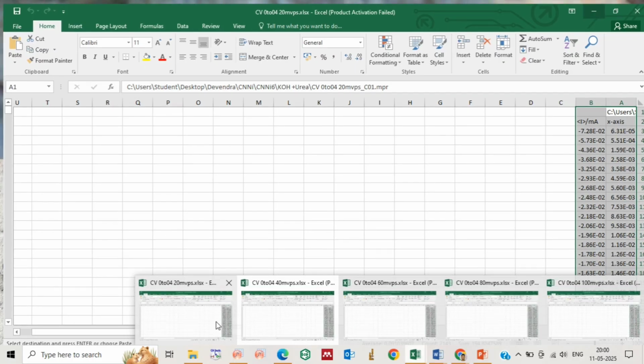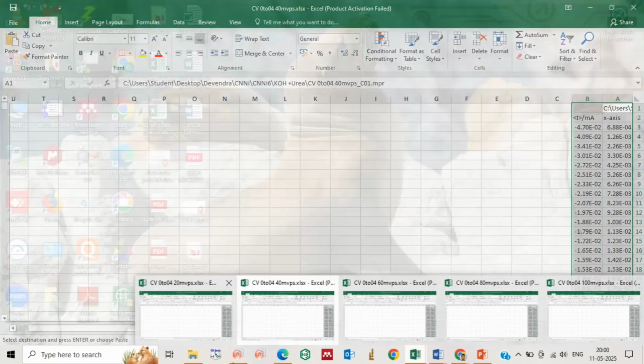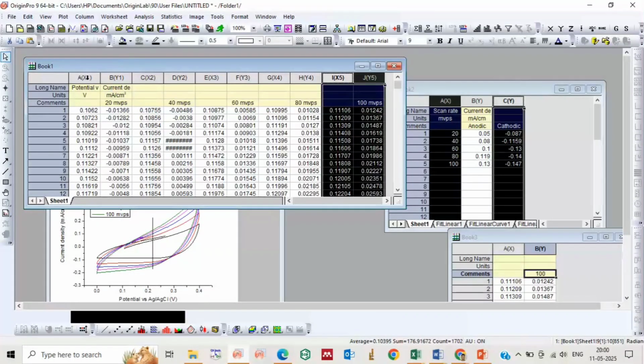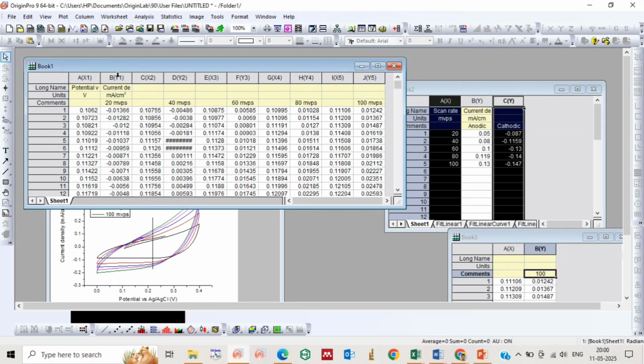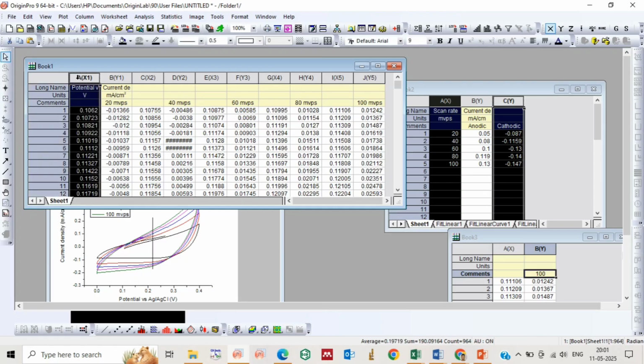So you can see that we have an Excel file containing CV recorded at different scan rates, which I have already pasted in the Origin workbook, and I have converted the current column into current density already.